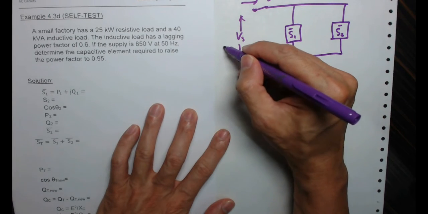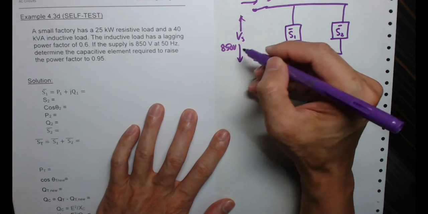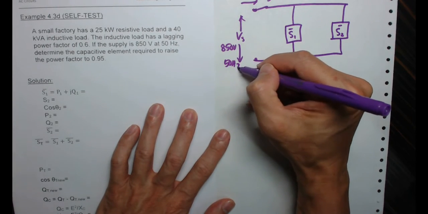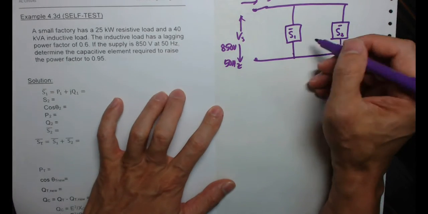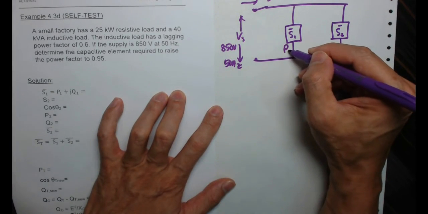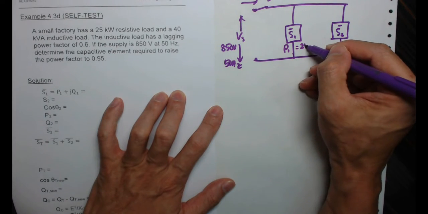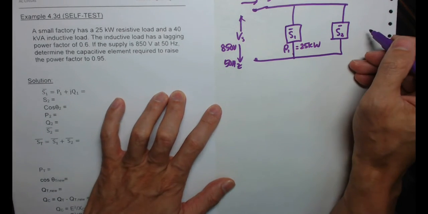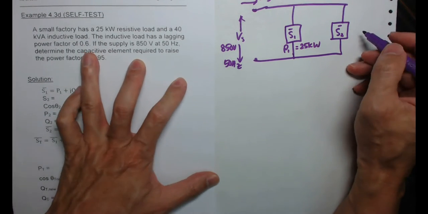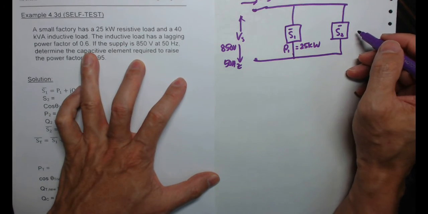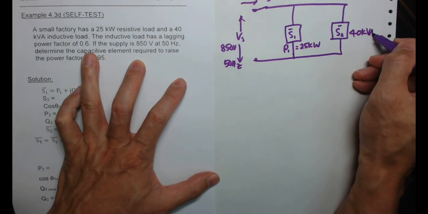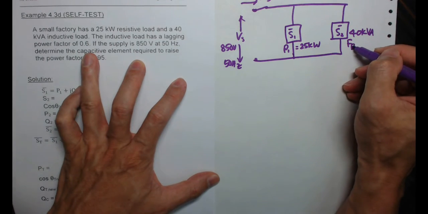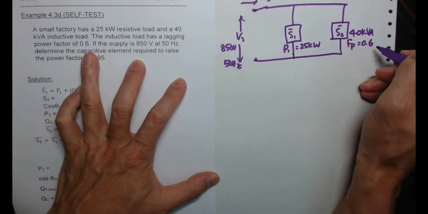We are given that the voltage source is 850 volts 50 Hz, and S1 is a resistive load, so you have only P equals 25 kilowatt. S2 is an inductive load of 40 kVA, but with a power factor of 0.6.